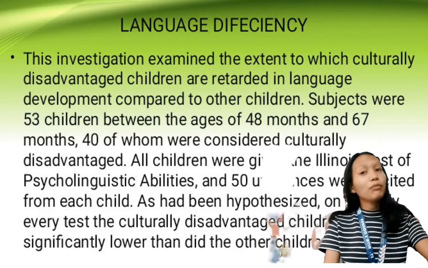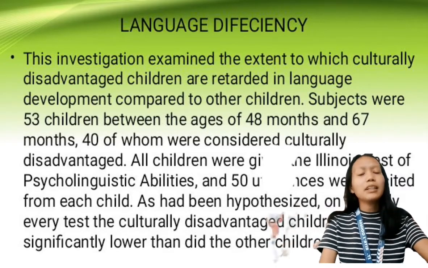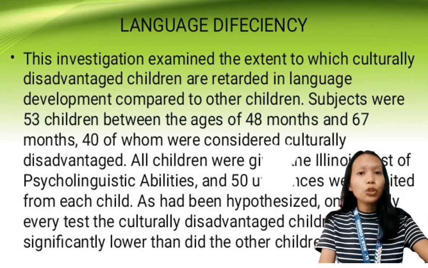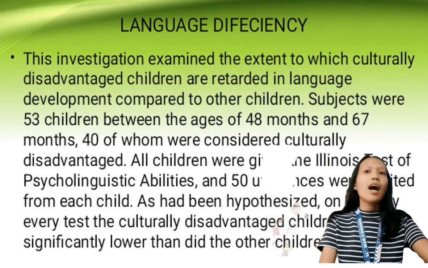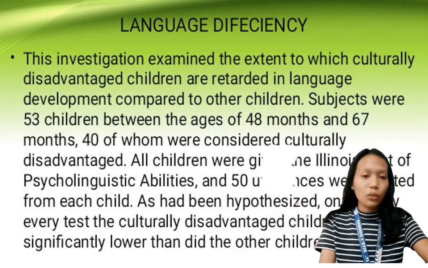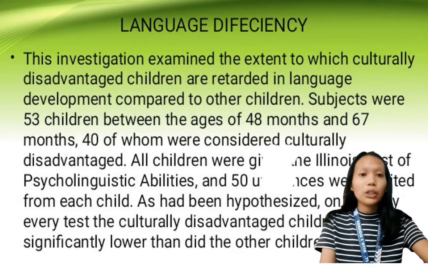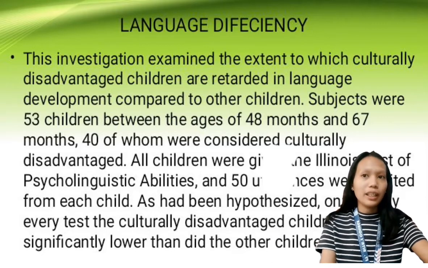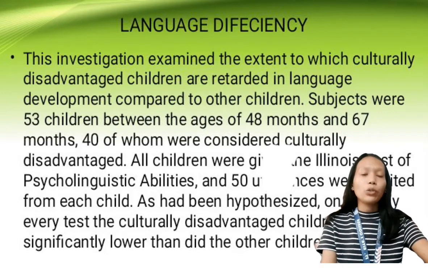So in language proficiency, this investigation examined the extent to which culturally disadvantaged children are retarded in language development compared to the other children. Subjects were 53 children between the ages of 48 months and 67 months, 40 of whom were considered culturally disadvantaged.